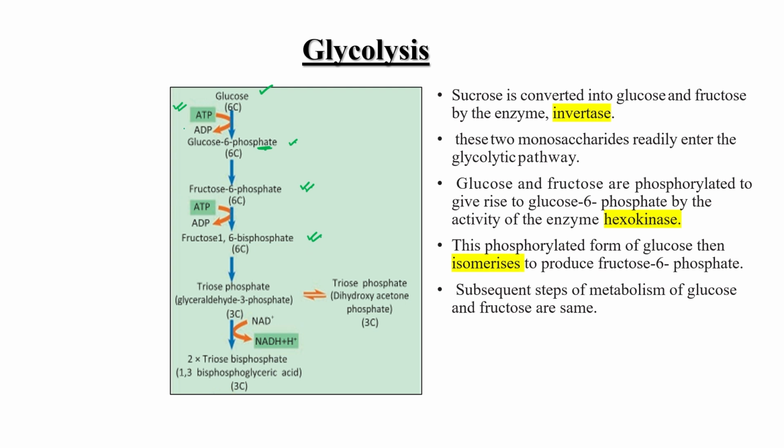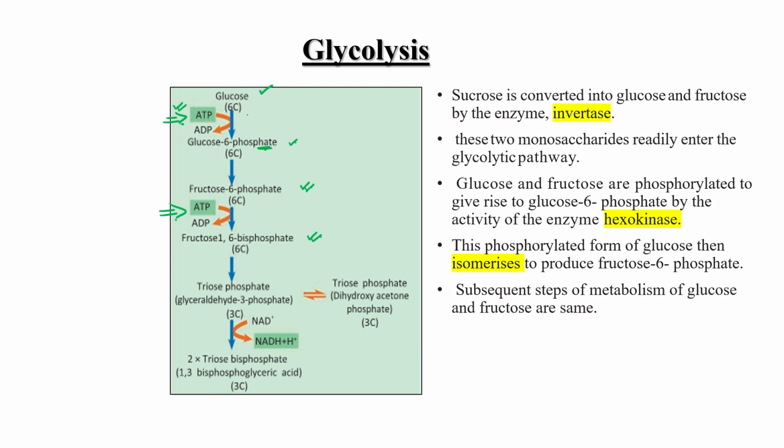Here also one ATP has been utilized, and another ATP has been utilized in this step. So first we utilize ATP for the production of further ATP. Initially we have invested ATP. Okay, only a small amount of ATP we have invested in this pathway, and after that we generate ATP during the whole cycle.